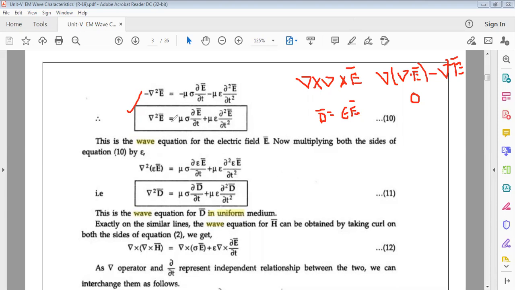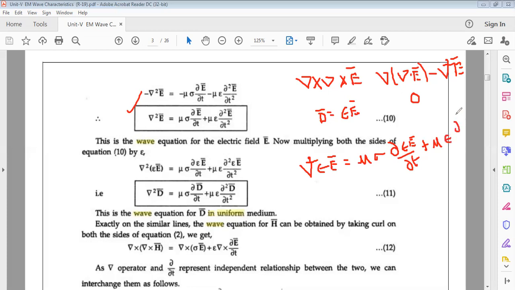So take the epsilon here, del square epsilon into E bar. I'm multiplying the left hand side with epsilon, and the right hand side also: mu into sigma dou epsilon into E bar by dou T plus mu. Already here the epsilon is there, write that epsilon inside.